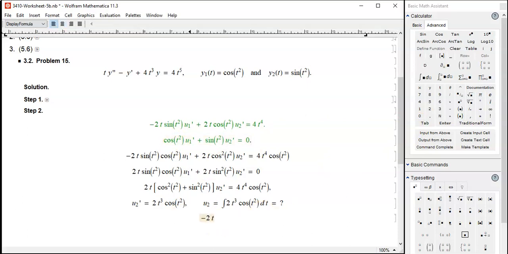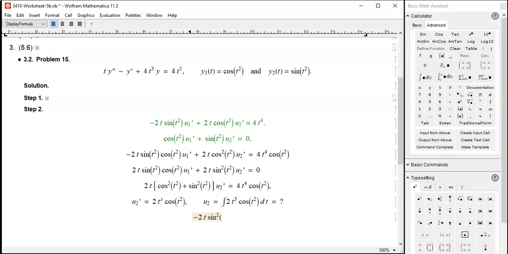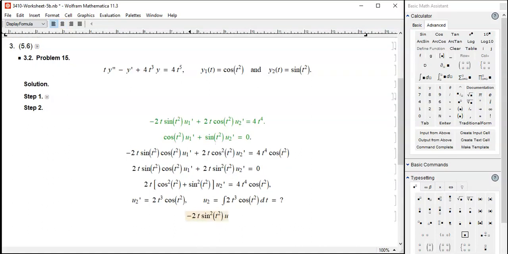So minus 2t sine squared of t squared u1 prime plus 2t cosine t squared sine t squared u2 prime is equal to 4t, and then sine t squared. That's the first, and then here in the second you multiply by 2t cosine.